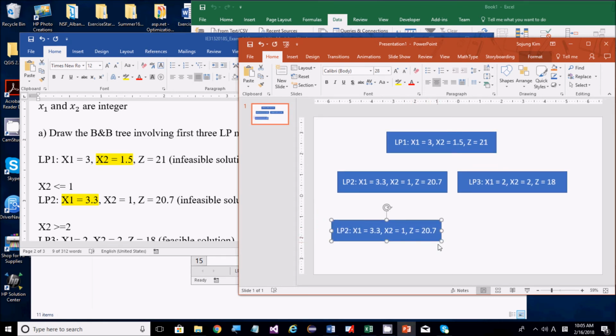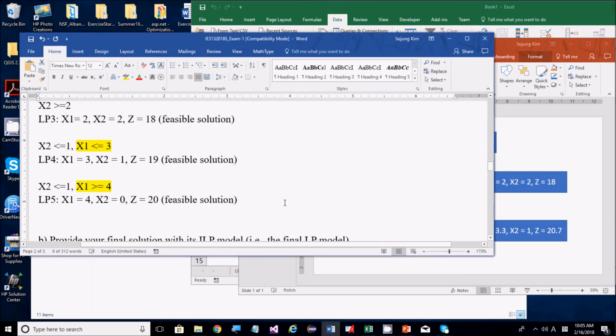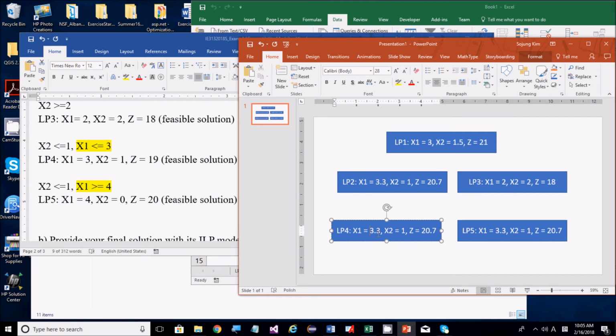However, we have two more models here and there, which is LP4, and this is LP5. And LP4, what's the solution? This is 3, 1, 19, and this is 4, 0, 20.